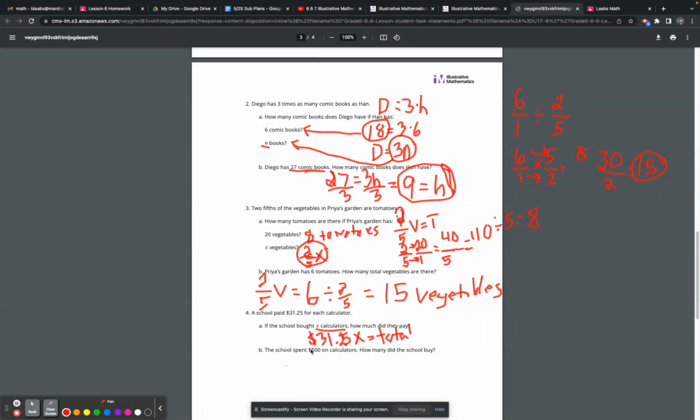So then in this next problem, I can take that exact equation and replace the word total with how much they spent on calculators. They spent $500, and we want to know how many calculators they bought. So 31.25x equals $500.